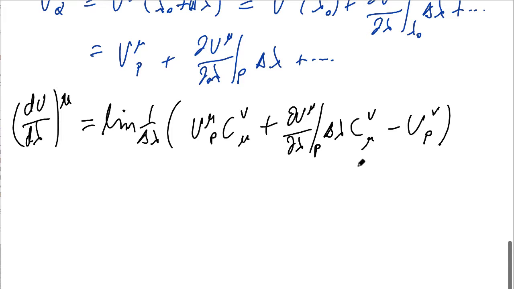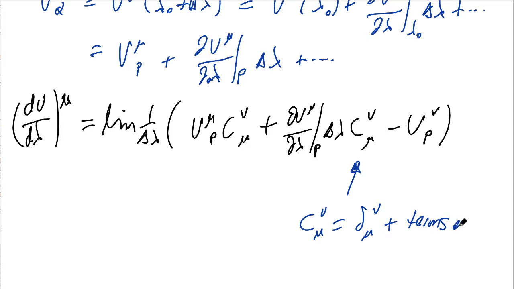Let's think for a moment about what these C's are. We haven't specified them yet, but we know they represent the change in the basis vectors at Q when they're parallel transported to point P. If points Q and P are very close together, the two sets of basis vectors should be close to one another. So these coefficients C should be close to the Kronecker delta, plus higher order terms of order Δλ.